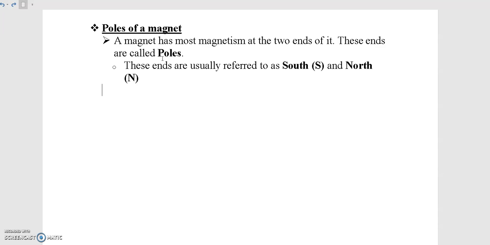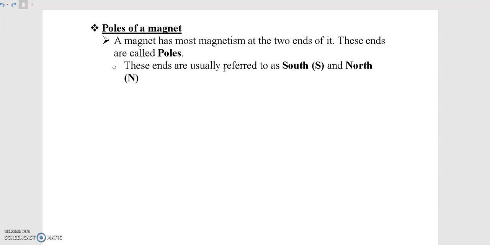You must remember that in our earlier video, we talked about the properties of magnetism. We saw that when freely suspended, a piece of magnet would always settle in two directions, that is north-south, and that's why these ends at which the most magnetism is there are called south, that is S, and north, that is N pole.